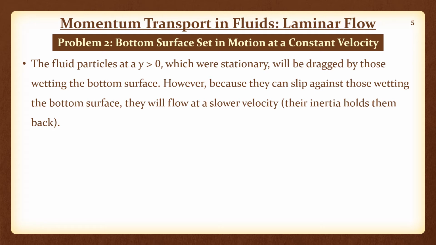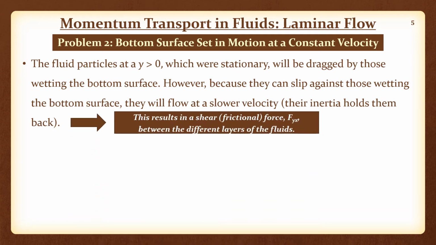However, the cohesive forces between these fluid particles are weak enough that the fluid particles at a slightly higher level, on top of the first layer, can slip or slide against those wetting the bottom surface, and therefore they will not be dragged at the same velocity as that of the bottom surface. So they will flow or move at a slower velocity. In other words, their inertia, which comes from the original rest state that they were in, holds them back.